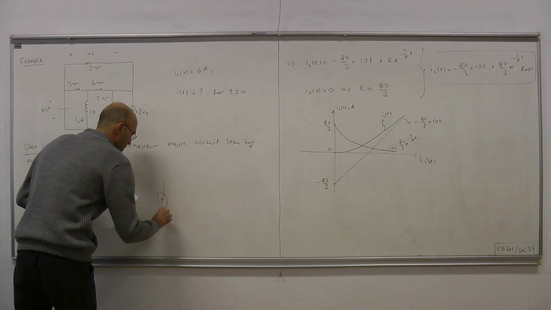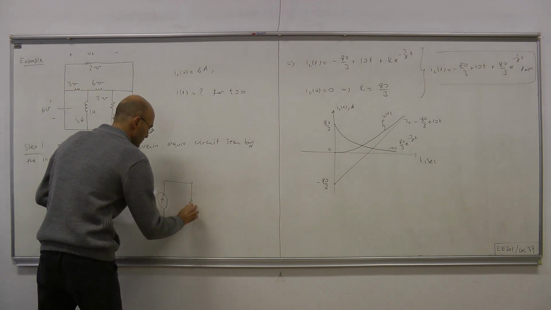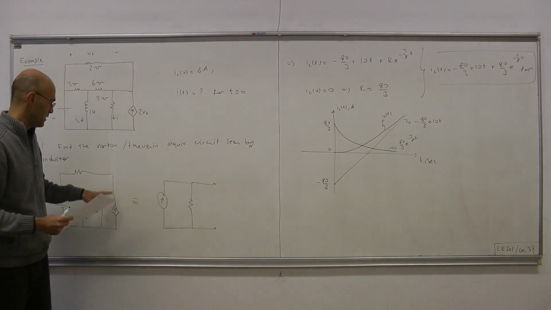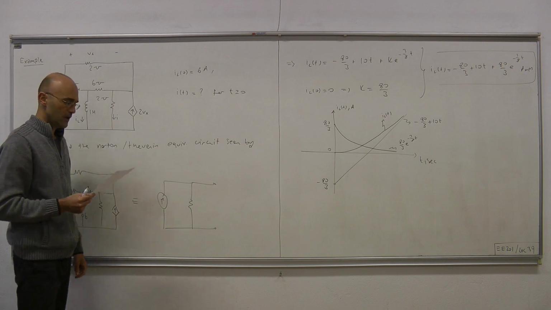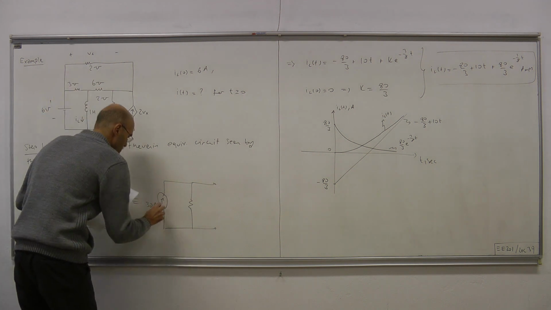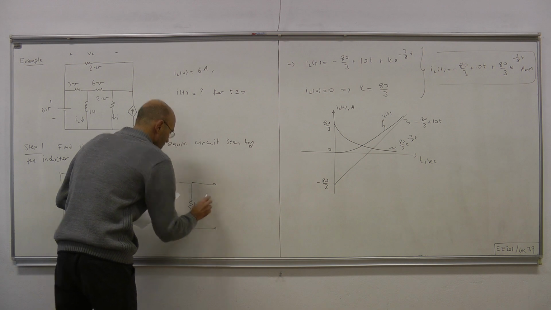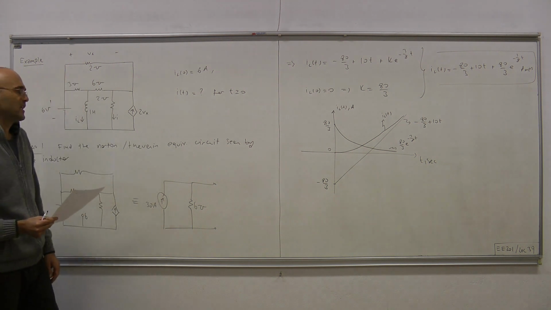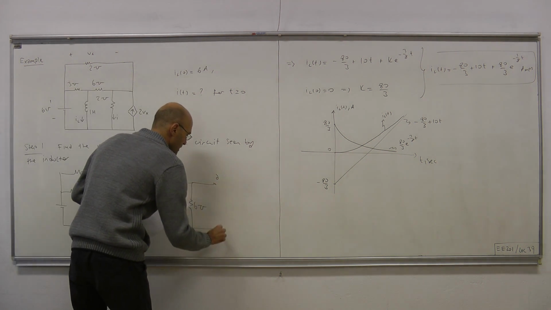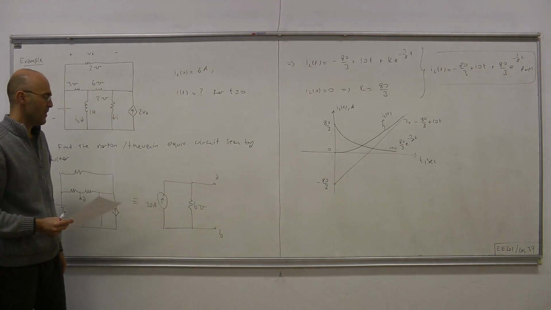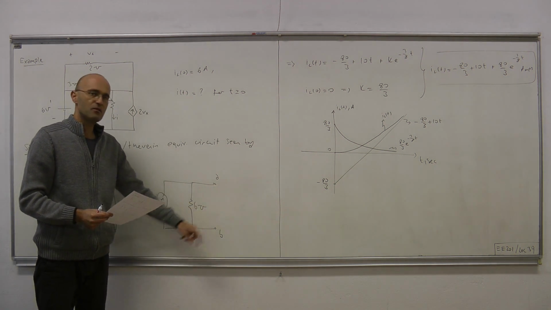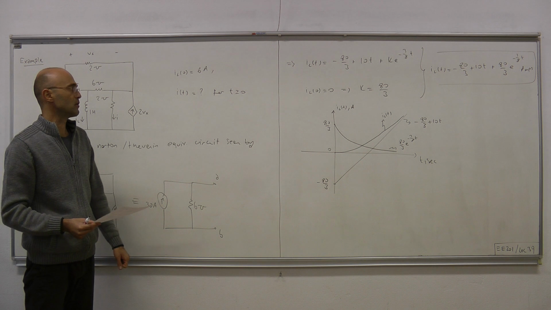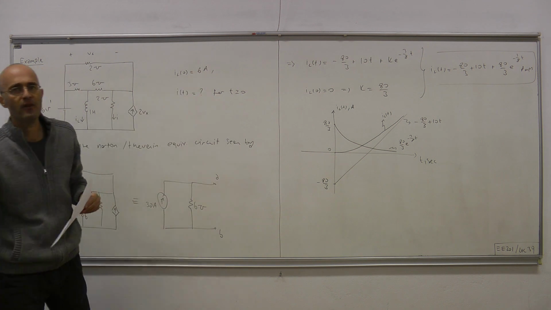If you figure out the Norton equivalent circuit, and the details of figuring it out are left as an exercise, you obtain 30 amps for the Norton current and 1/6 ohms for the Thevenin resistance, or 6 mhos for the Thevenin conductance. This is A, this is B. Then, with this simple topology, you reconnect the inductor here from A to B, figure out the differential equation, and then using the initial condition, you figure out IL(t).